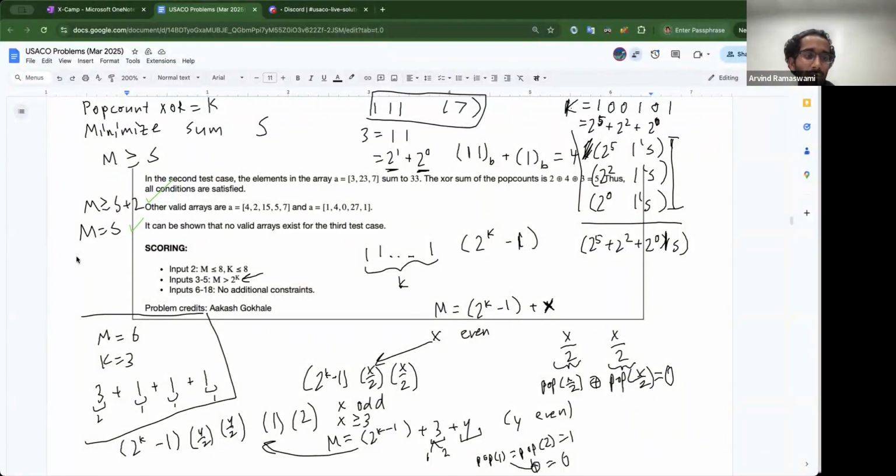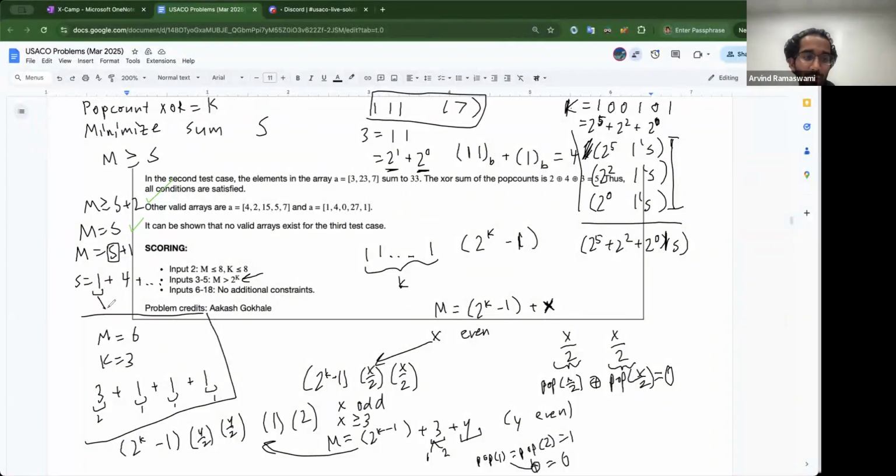And then for M equal to S plus 1, this is another case you have to consider. This is possible whenever the sum for S contains a 1. So S equals, maybe, 1 plus 4 plus some other things.